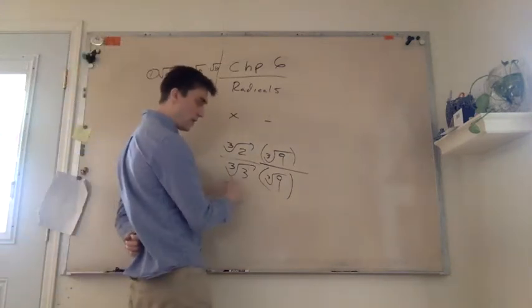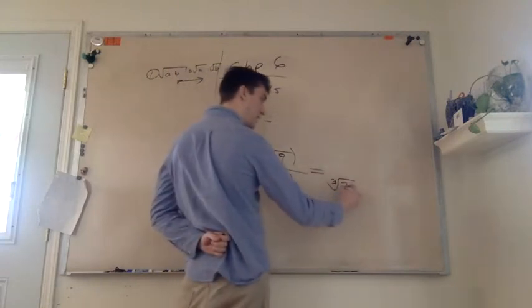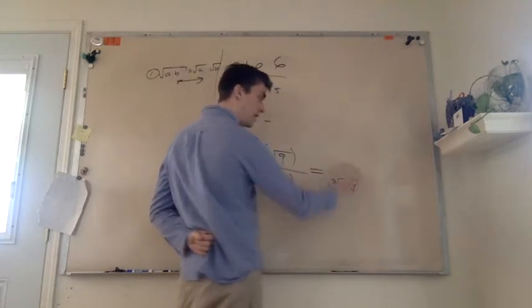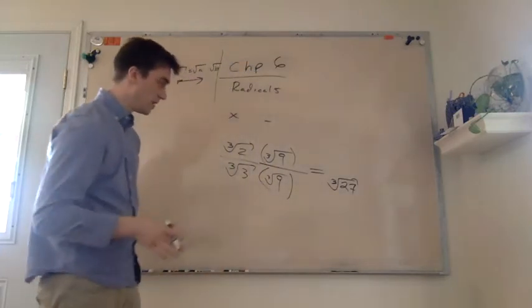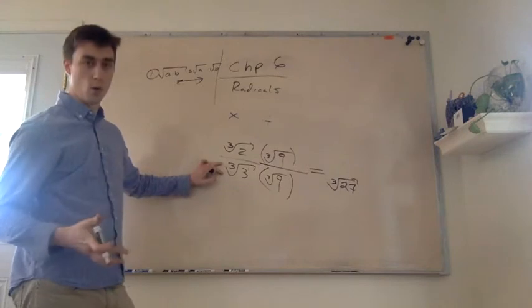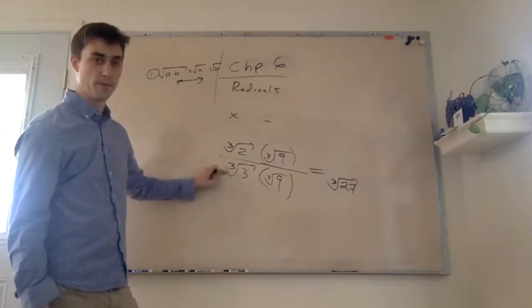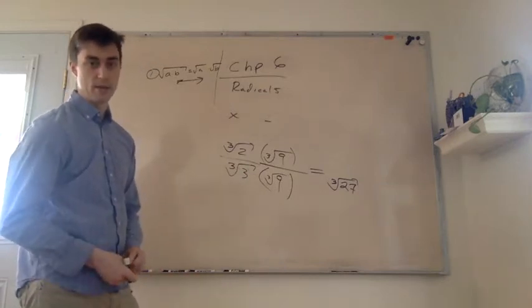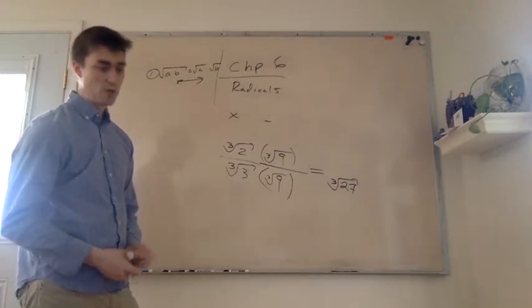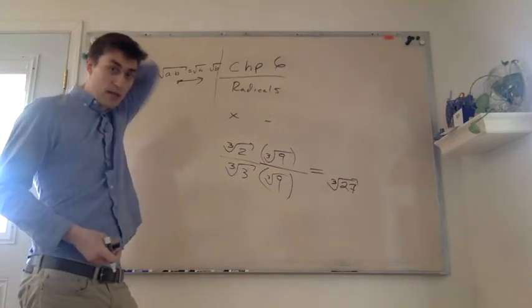Because cube root of 3 times cube root of 9 on the bottom is the cube root of 27, which is the number 3. So the reason I'm doing that is my whole goal is to get rid of a root in the denominator of the fraction. And you just multiply it by whatever you got to do that, to make that happen. Once you do a lot of these, you'll start to see how to make that choice.